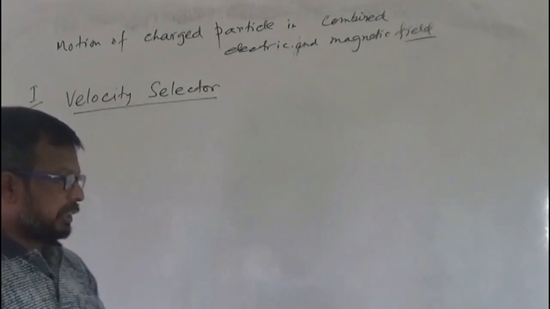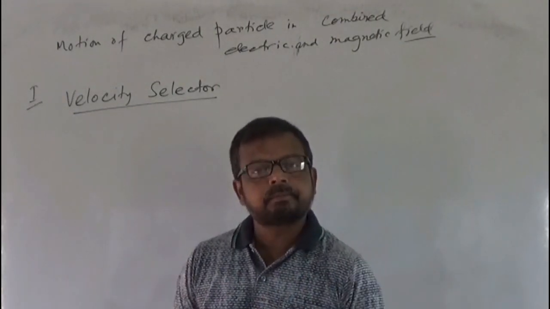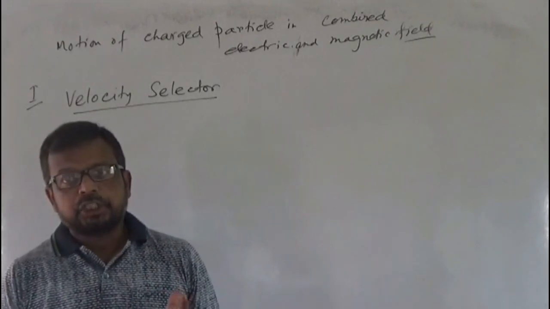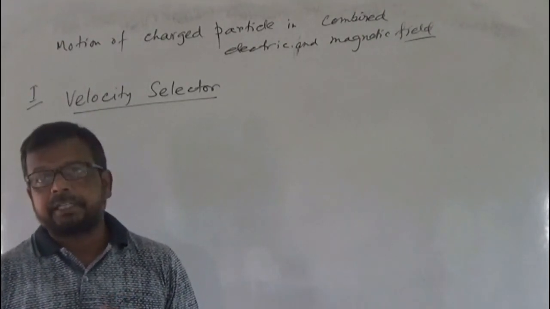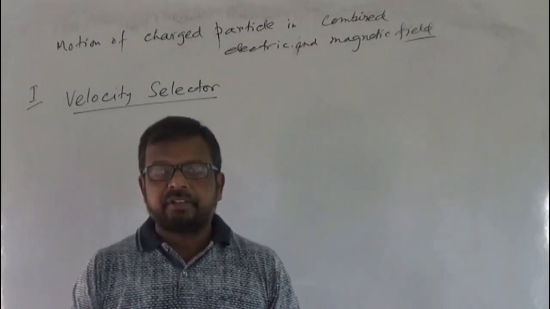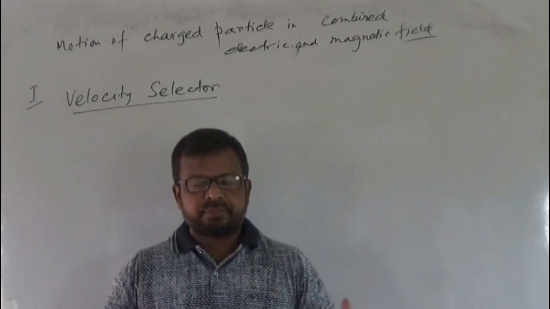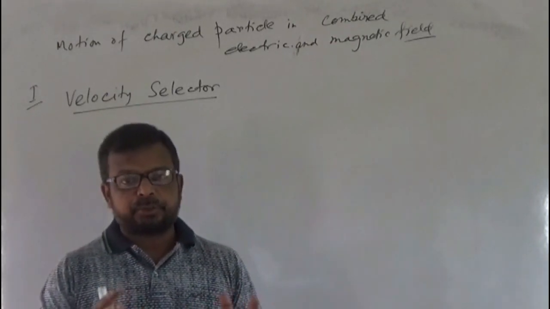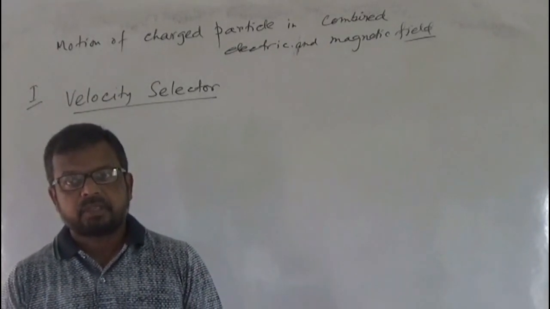As the name suggests, a velocity selector will select a particular velocity. That means a velocity selector is a setup to select charged particles of a particular velocity from a beam. Beam means a number of charged particles with different velocities. Clear?